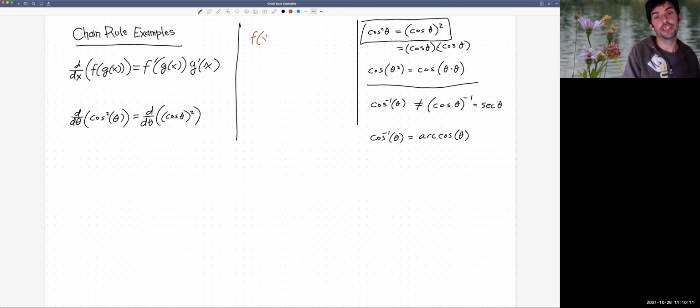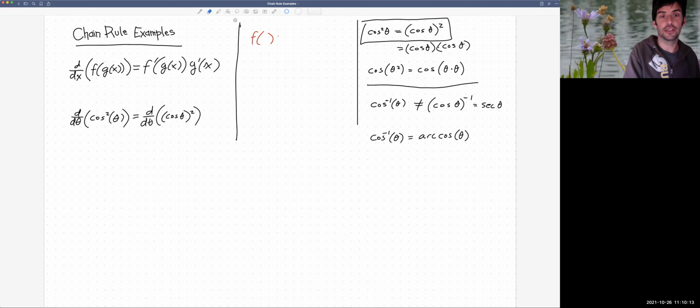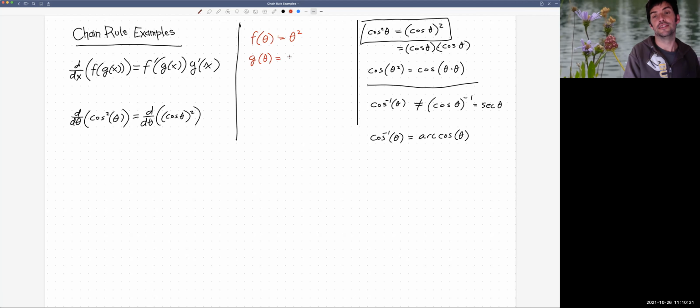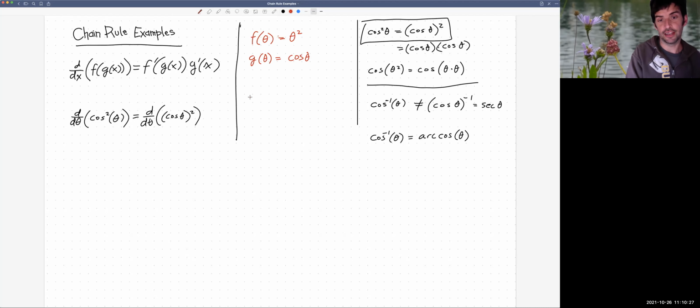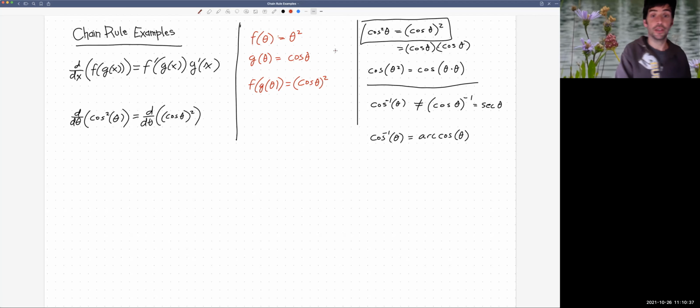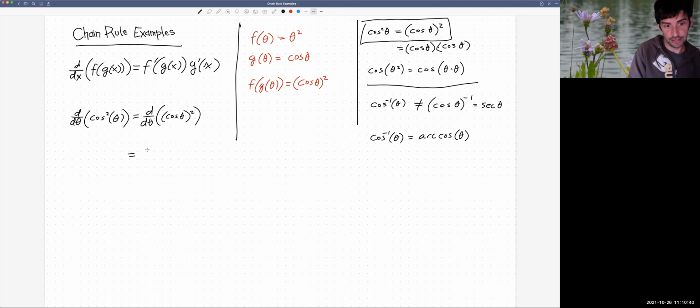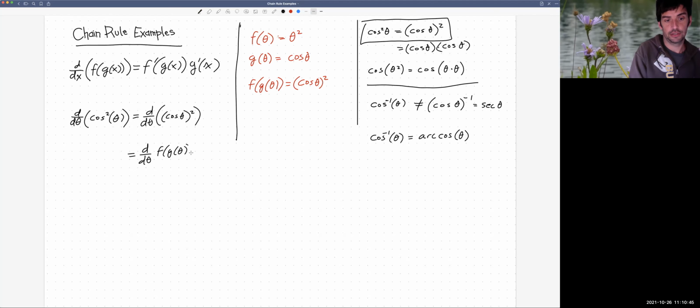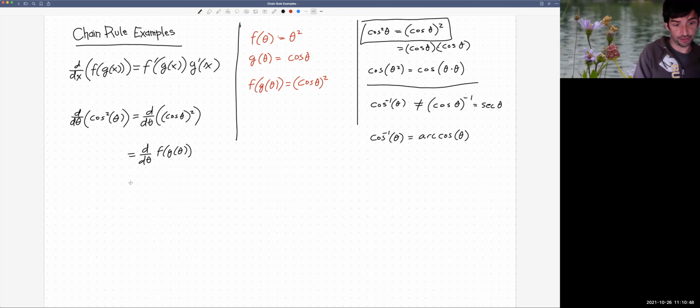If f of theta is equal to theta squared, and g of theta is equal to cosine of theta, then it is certainly the case that f of g of theta is equal to the cosine of theta, this whole thing squared. All right, so in terms of our newly defined functions, we're looking for a derivative of a composition of functions, and we simply apply the chain rule.